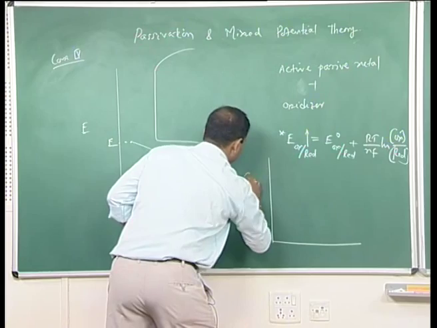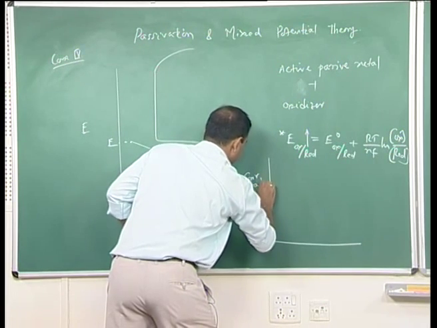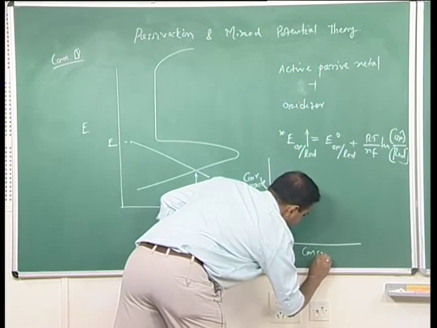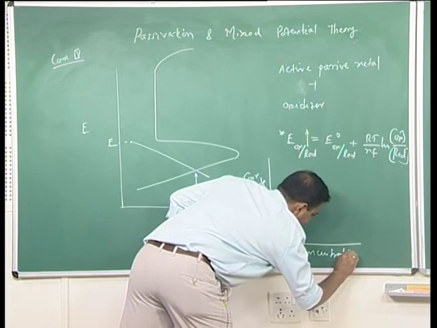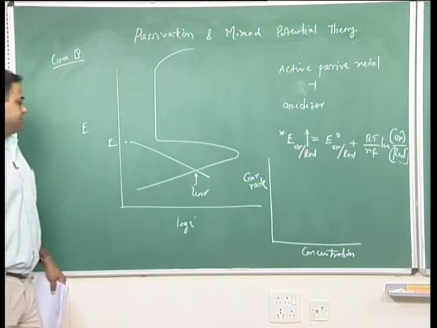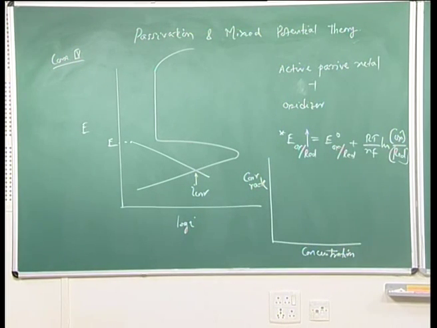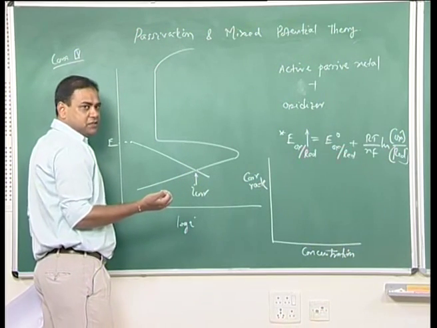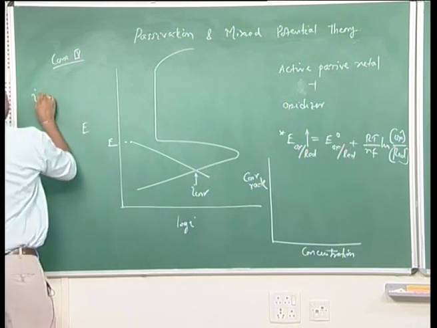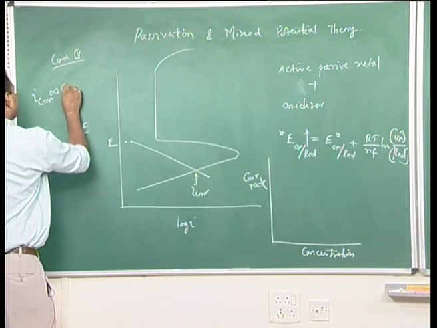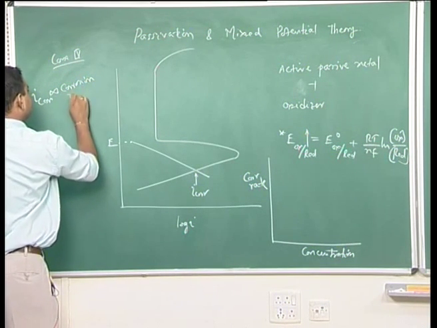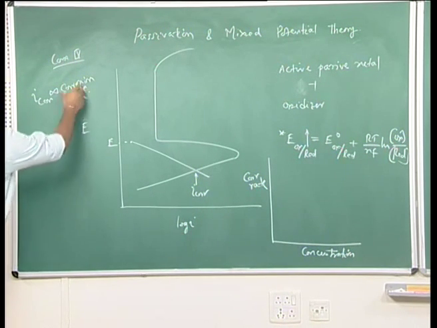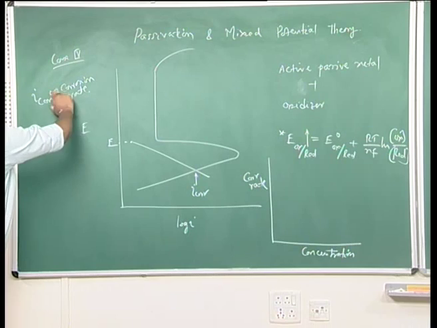This is, let us say, corrosion rate as a function of concentration of the oxidizer. So, this is my I corr, and corrosion rate is nothing but the current density, because I corr is proportional to corrosion rate. We have already proved that, and there will be a constant term with this.